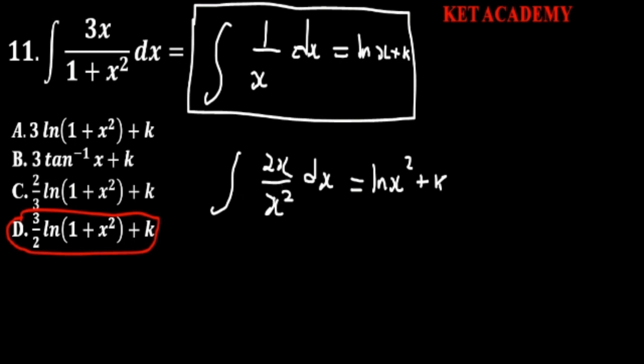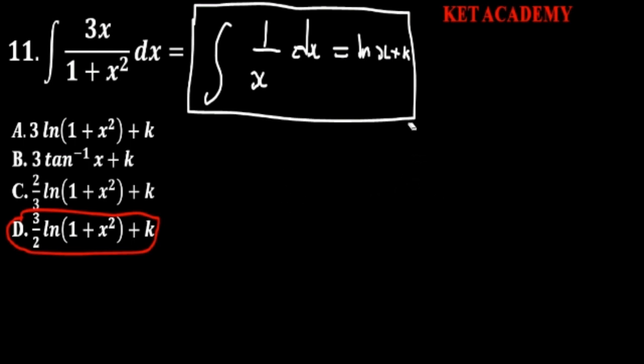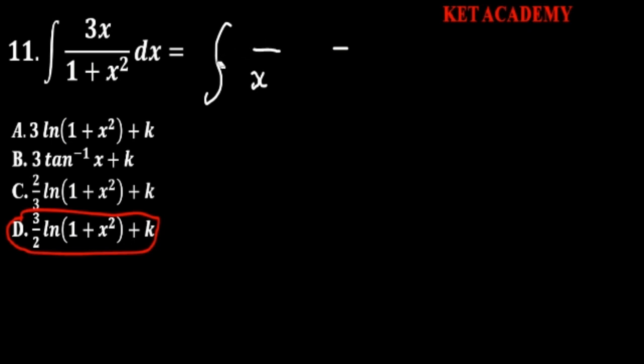When we differentiate the denominator, we're going to get the numerator. Therefore, our answer will simply be the ln of the denominator. So it is a standard formula. So we are going to try to make our function look either like the first one or the second one. So doing that, we are going to go about it like this.